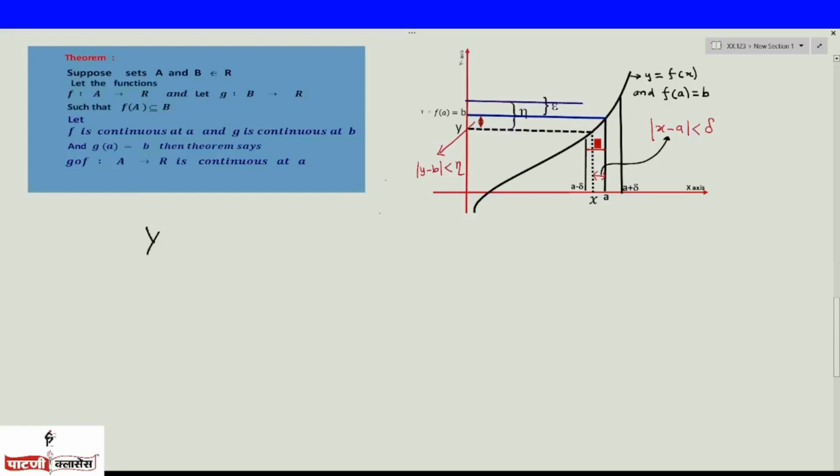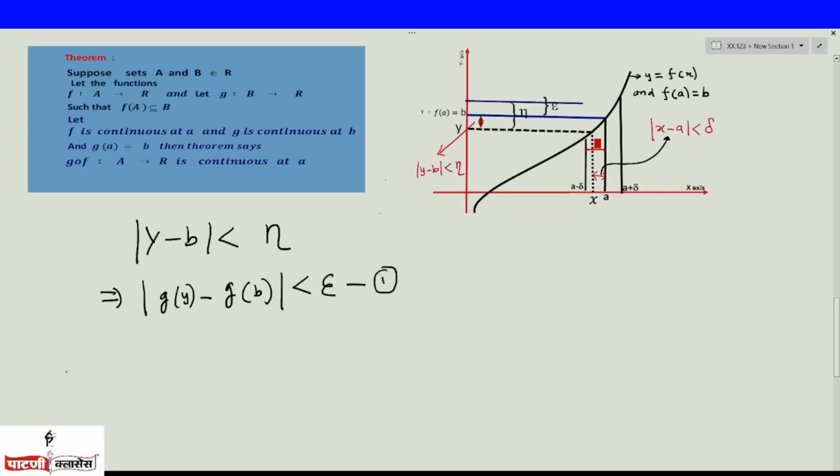From the figure, modulus of y minus b less than eta implies modulus of g of y minus g of b less than epsilon. Let us call it equation number 1. Also, from the figure, modulus of x minus a less than delta implies modulus of f of x minus f of a less than eta.